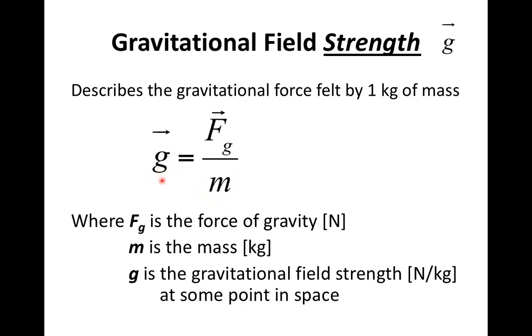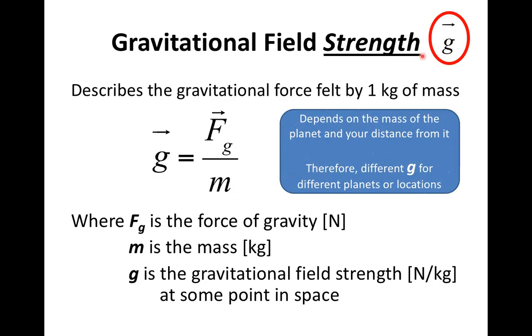So when you have to report gravitational field strength, the preferred units would be newtons per kilogram. However, meters per second squared is also valid. Gravitational field strength is given the letter small g.